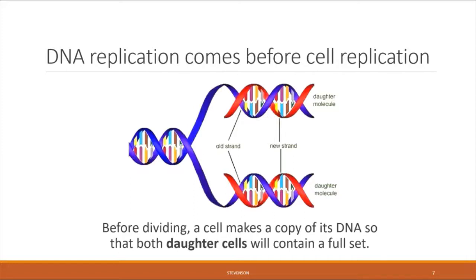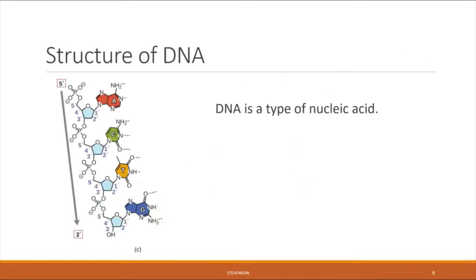Now, we're not going to talk in detail at this point about how DNA replication takes place. What we're going to do is merely do a brief overview of the structure of DNA, which will lead into our discussion about cell division. As you learned before, DNA is a type of nucleic acid.